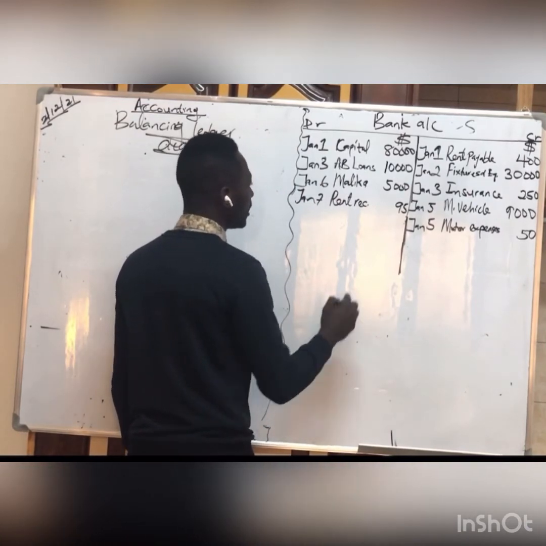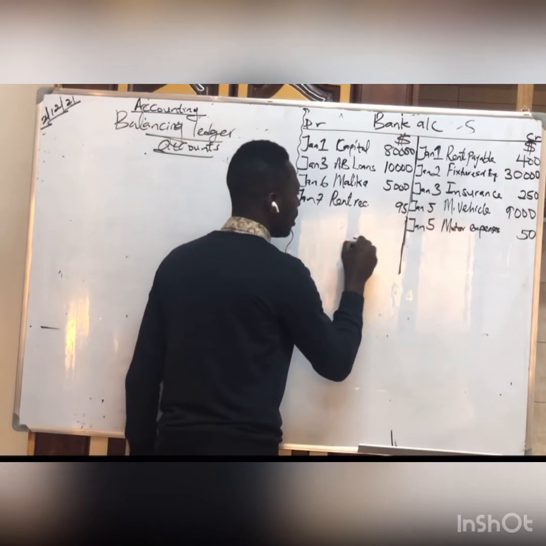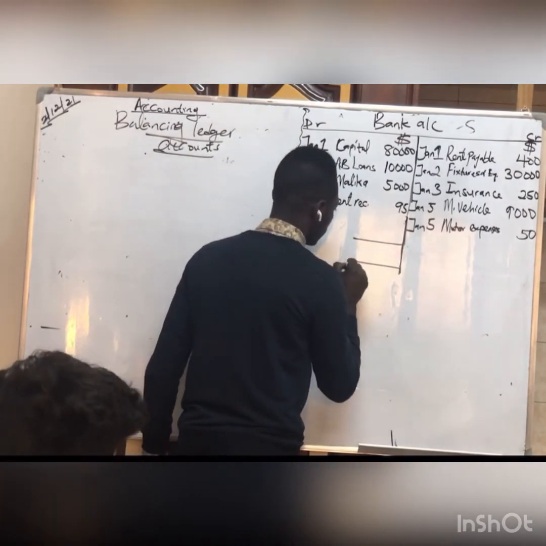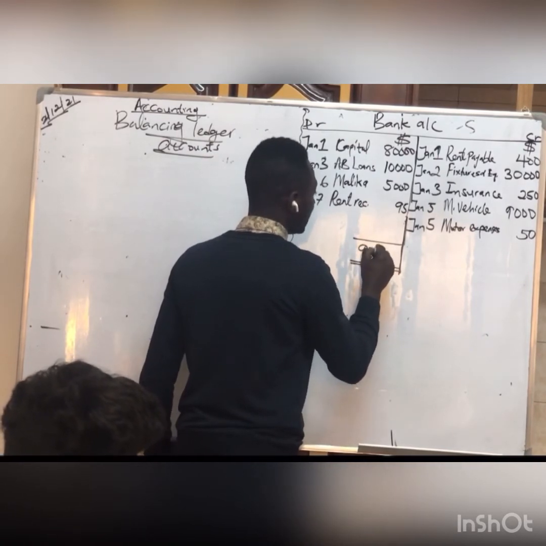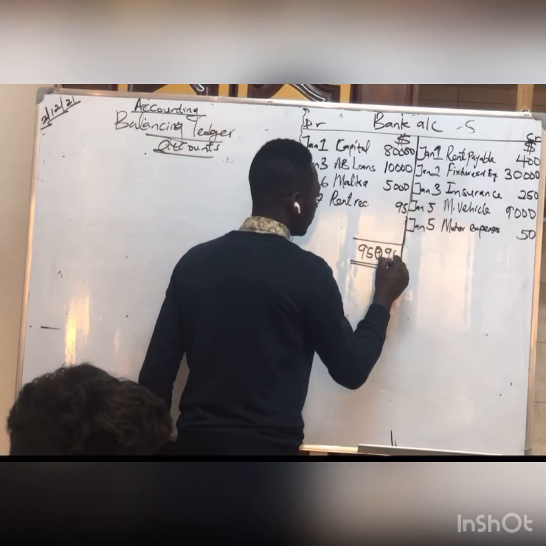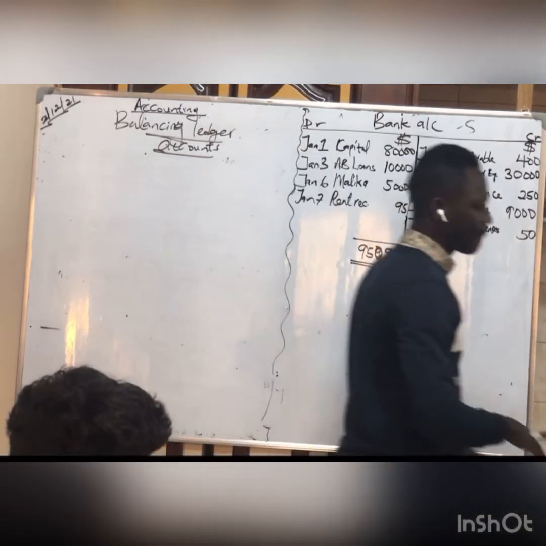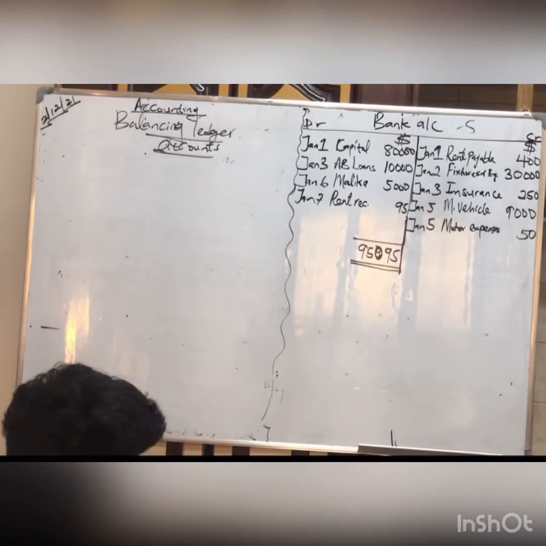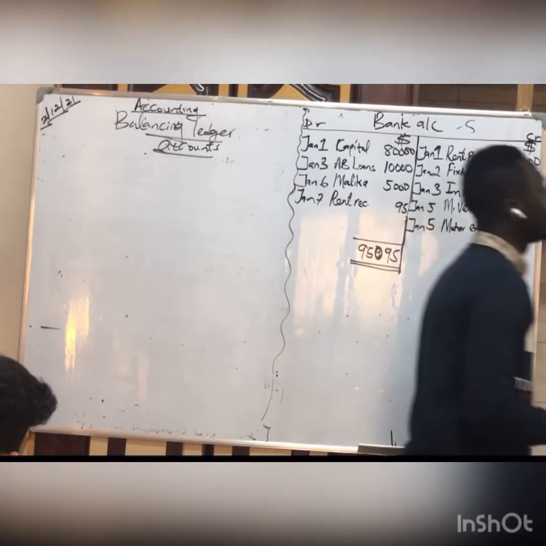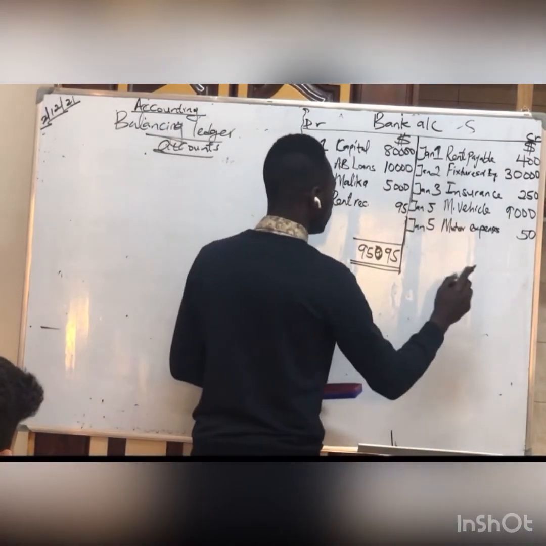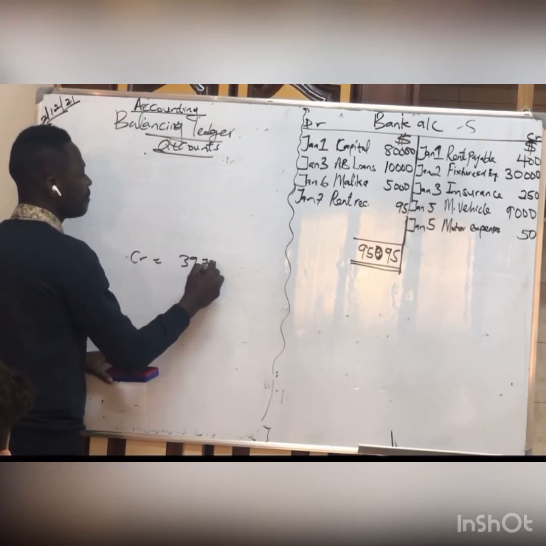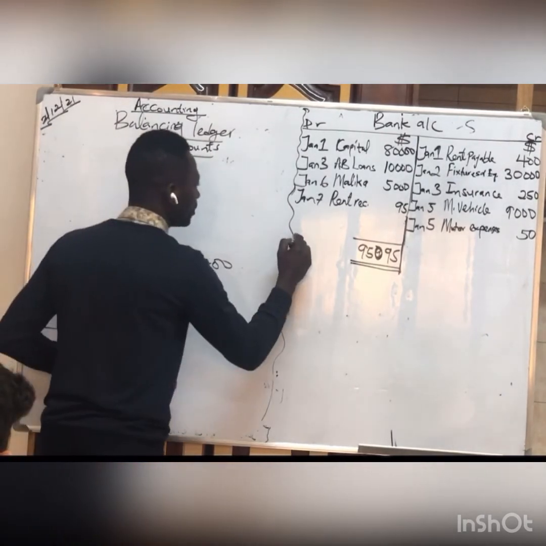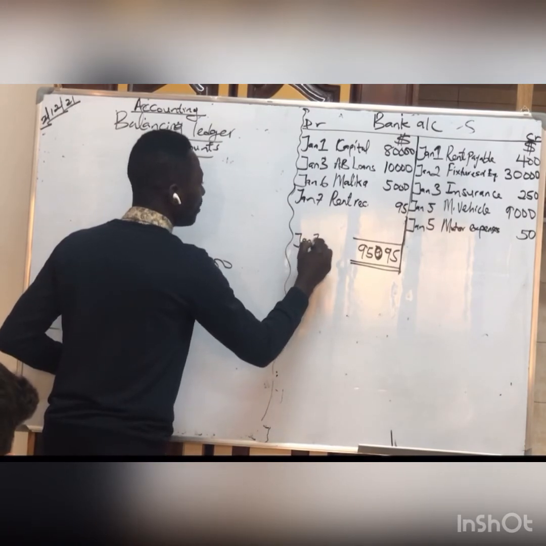So, here we have 95,095. What's the other side, please? It's 39,700. So, on the credit side, 39,700. So on January 7 balance.